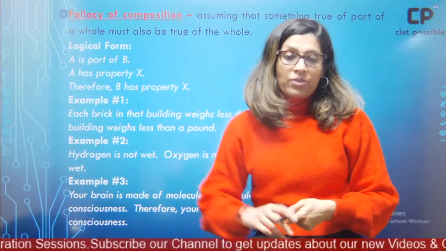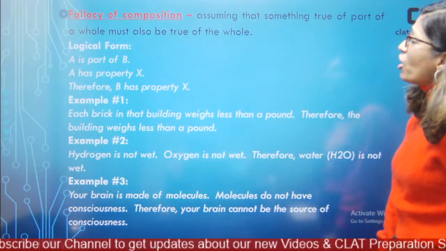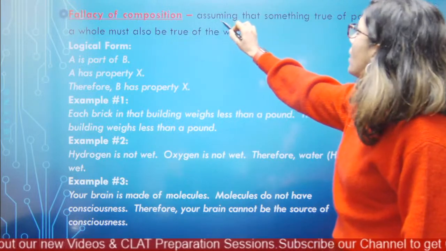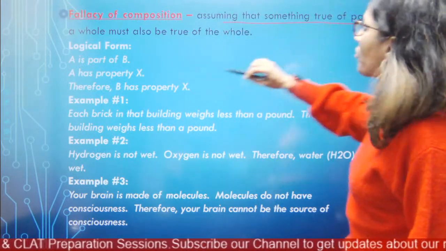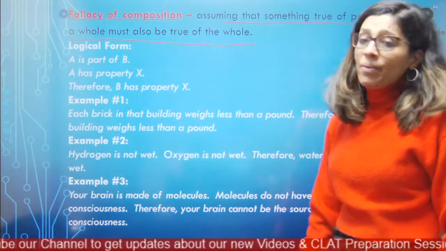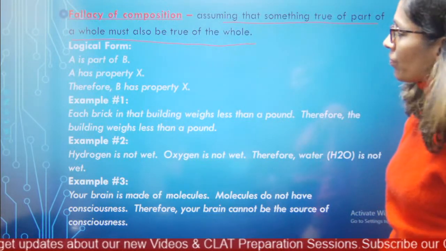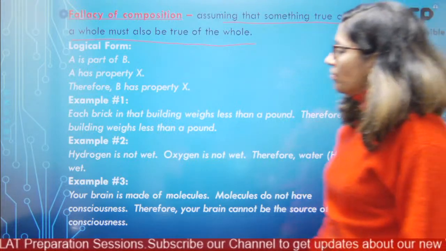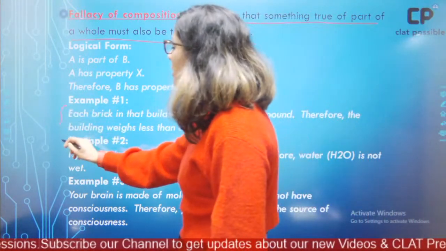It makes your reasoning better, and it shows you the true picture of what is happening to logic in the world. Right? So fallacy of composition, very simple definition. Assuming that something that is true of a part of a whole must be true of the whole. So these are fun examples.